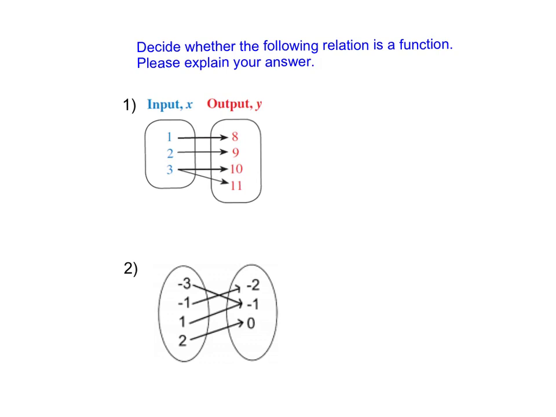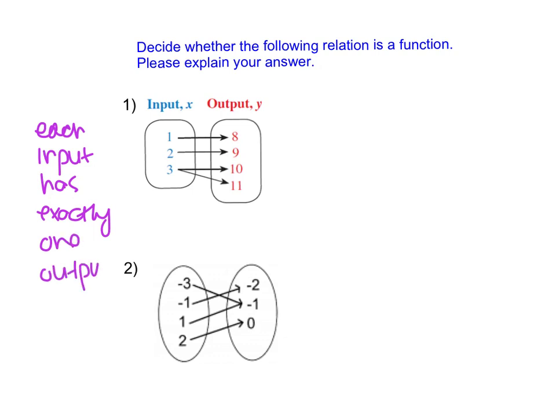Please explain our answer. Something to remember is that the definition of a function says that each input has exactly one output. So if we look at this first mapping diagram, input of 1 goes to 8, good, one output.